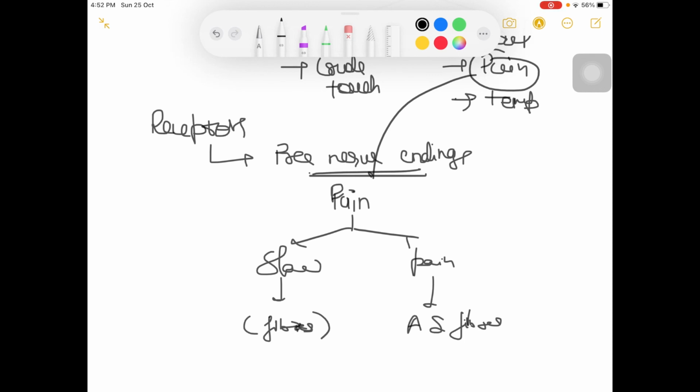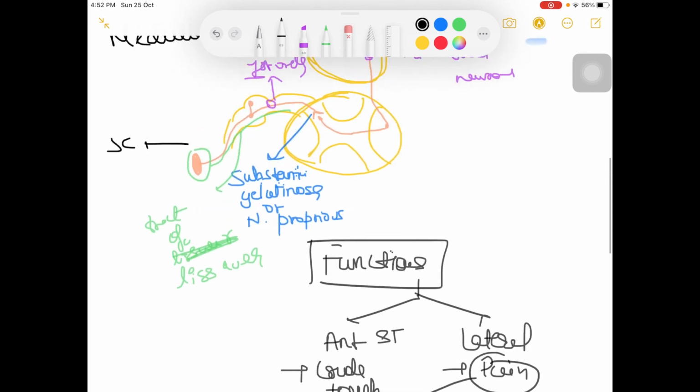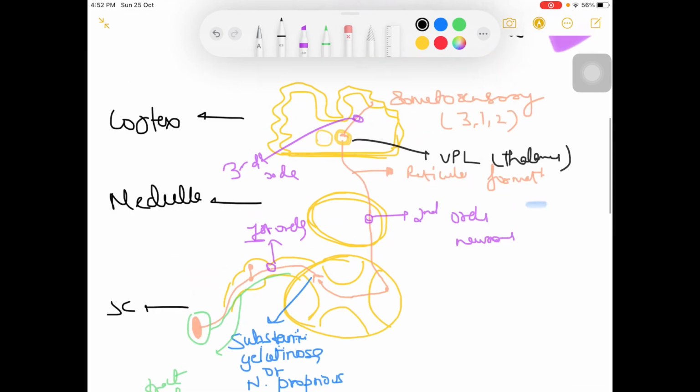So pain, and yeah, the collaterals to reticular formation are because of pain. That is, when something bad happens, pathology happens, the reticular formation constantly reminds you and awakens you, makes you conscious that there is something happening. So the pain is happening, and so you should visit the physician at the right time. So it makes you conscious again and again.